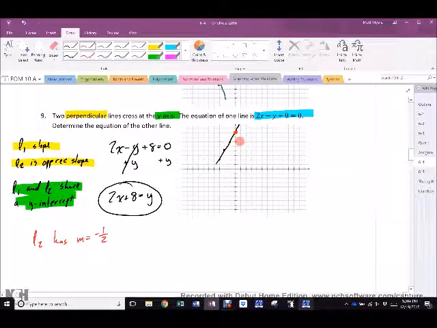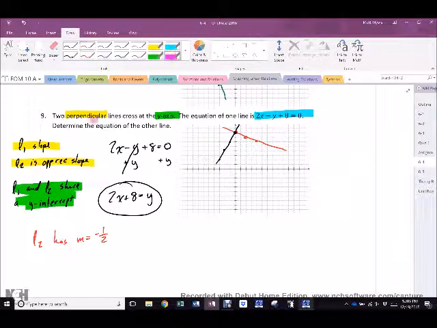Left 1, down 2. Is that correct? Other way around. Down 1, because it's rise over run. Down 1, right 2, down 1, right 2. And there's my line.